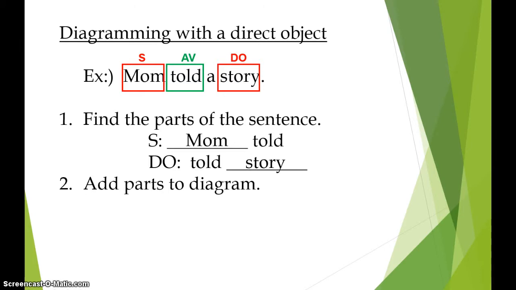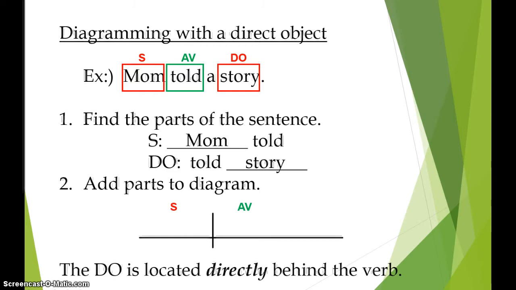Our second step is to add parts to the diagram. As we have done before, we're going to start our diagram with a horizontal line that represents the main part of the sentence. Then we're going to throw in a vertical line to show the division between the subject and the predicate. Now, to diagram the direct object, because it's directly receiving action from the verb, in the diagram, the DO is going to be located directly behind the verb.